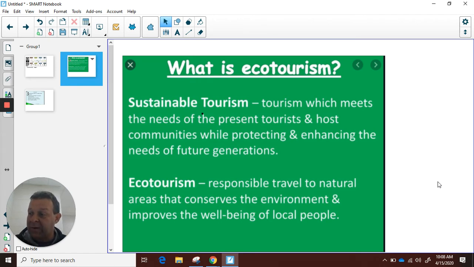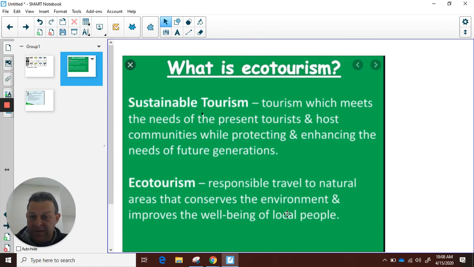In other words, people want to come and see something, and at the same time, it protects maybe its wildlife, maybe the landscape, maybe the native culture. So it is designed to protect against any type of intrusion or damage done to the local terrain or climate or culture or whatever it is. That's ecotourism. Eco, protecting the local ecosystem, okay?